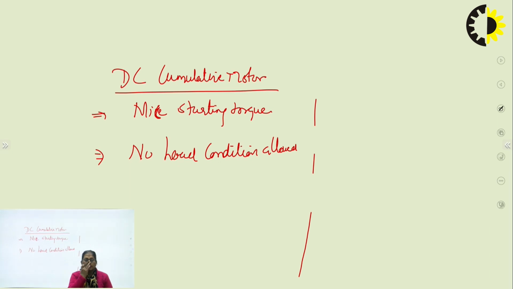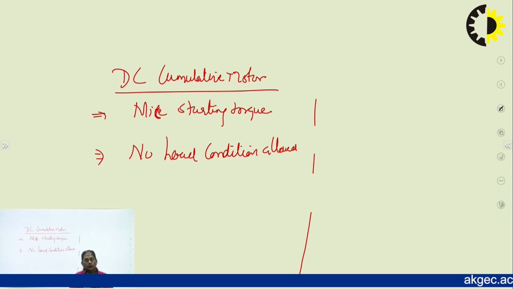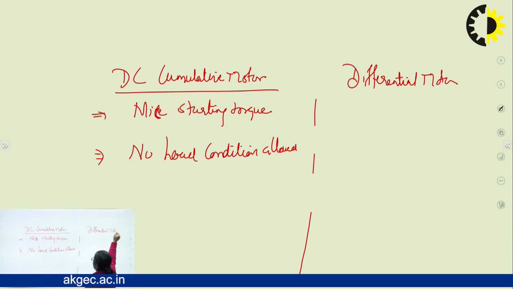Lastly, coming to the DC differential motor. We have seen it gives us the reverse characteristics. The very first characteristic of the differential compound motor is that it gives us the lowest starting torque.